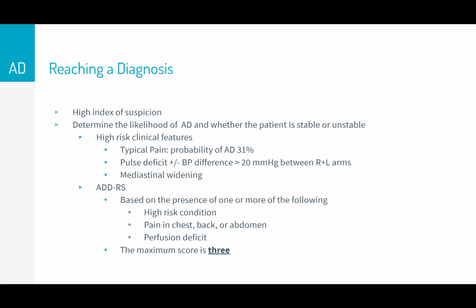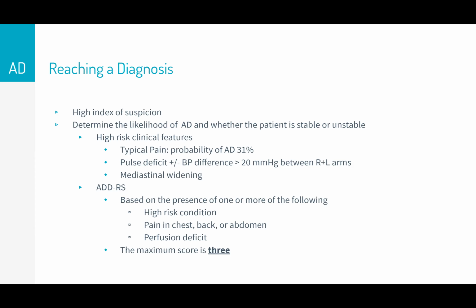It is based on the presence of one or more of the following: a high-risk condition, which we mentioned in the beginning; typical pain in the chest, back or abdomen; or a perfusion deficit. Perfusion deficit means pulse deficit or blood pressure difference. It also includes focal neurological deficit, aortic valve regurgitation, or hypotension or shock. The maximum score is 3.